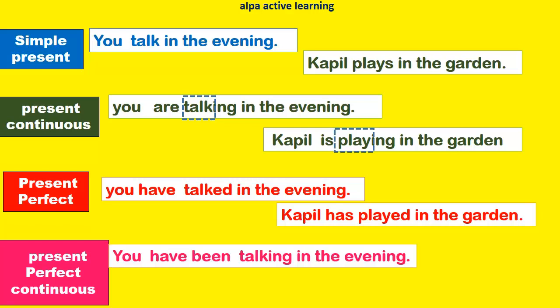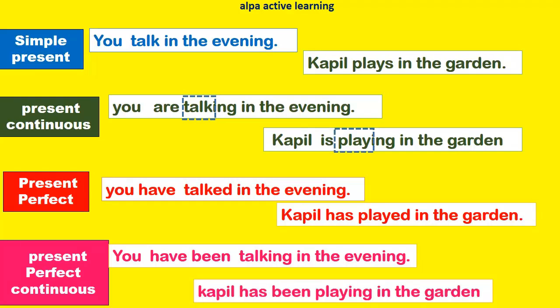So you have been talking in the evening and Kapil has been playing in the garden. So you can see the difference when the pronoun is in the second person and when it is in the third person. Kapil, we are talking about Kapil, how the changes are there in simple present, in the present continuous and here in the present perfect.